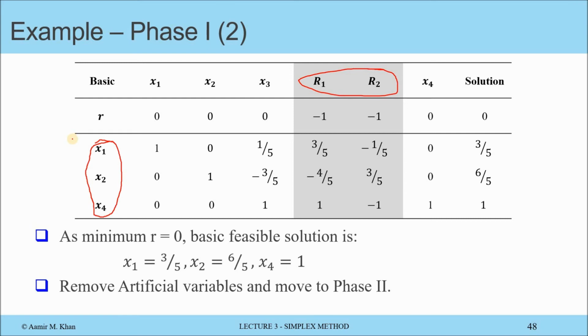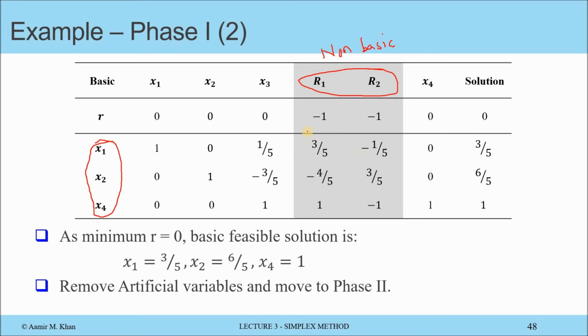Now you will stop in phase 1 when you don't have the artificial variables as basic. So when artificial variables become non-basic, this is a very important point. You will stop over here when the artificial variables are non-basic, and then the other criteria are met.